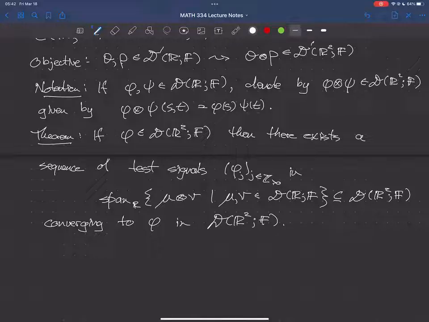It doesn't mean, of course, that every phi is in here, but it means that every phi is a limit of things in here.